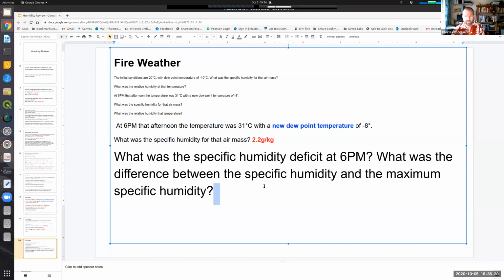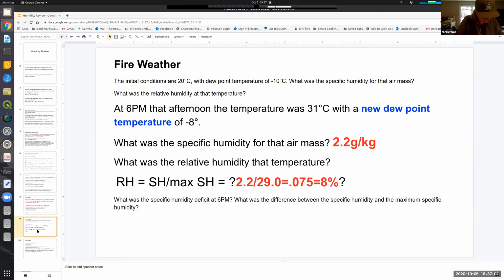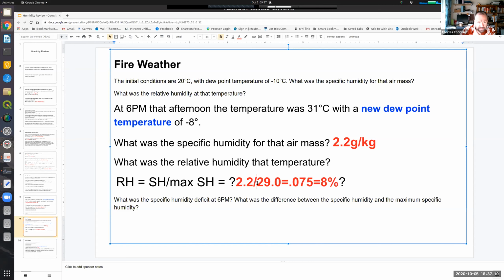What was the specific humidity deficit at 6 p.m.? Okay, so specific humidity minus... Come on, calculator, wake up. 26.8. What's the temperature? Hang on, okay.